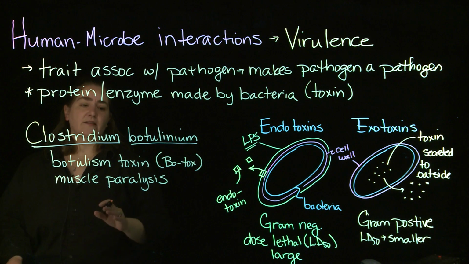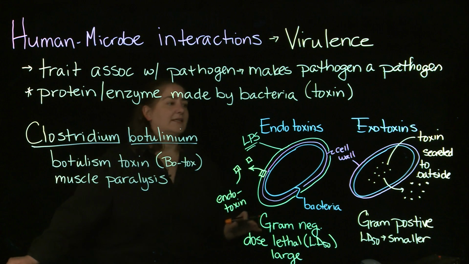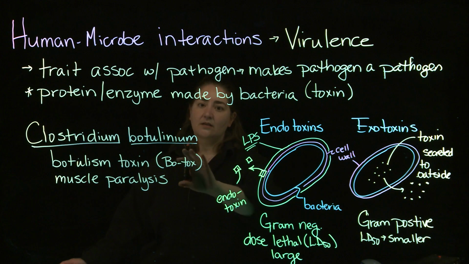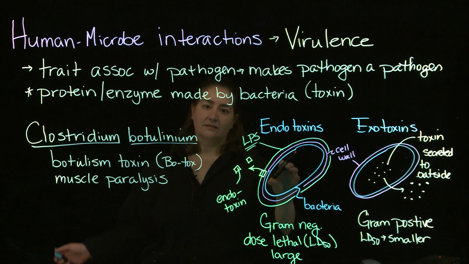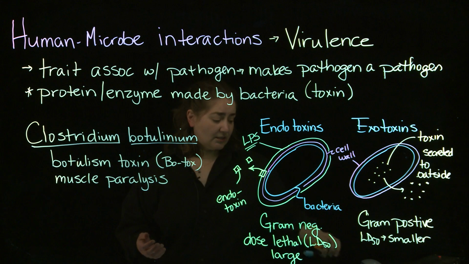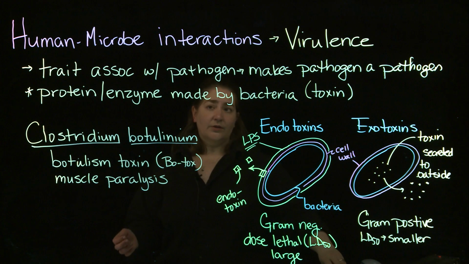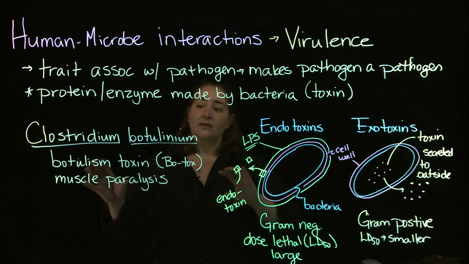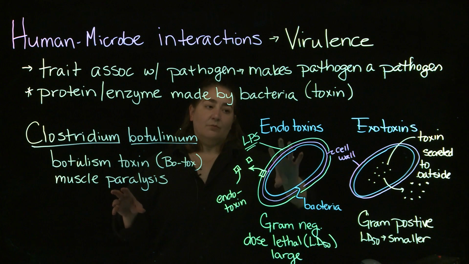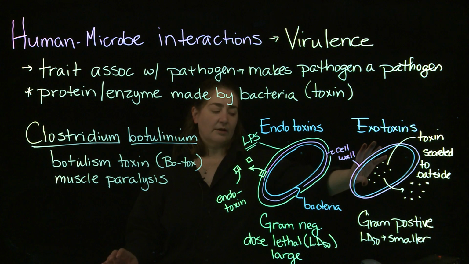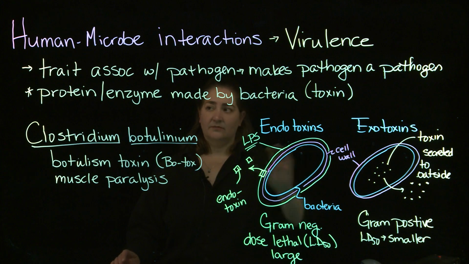But in terms of that, the botulism toxin is an example of an exotoxin. The bacteria secretes that toxin, and it's the toxin actually that makes us sick. And in terms of our exotoxins and endotoxins, most of the time, the gram-negatives are going to be endotoxins, gram-positive are going to be exotoxins.